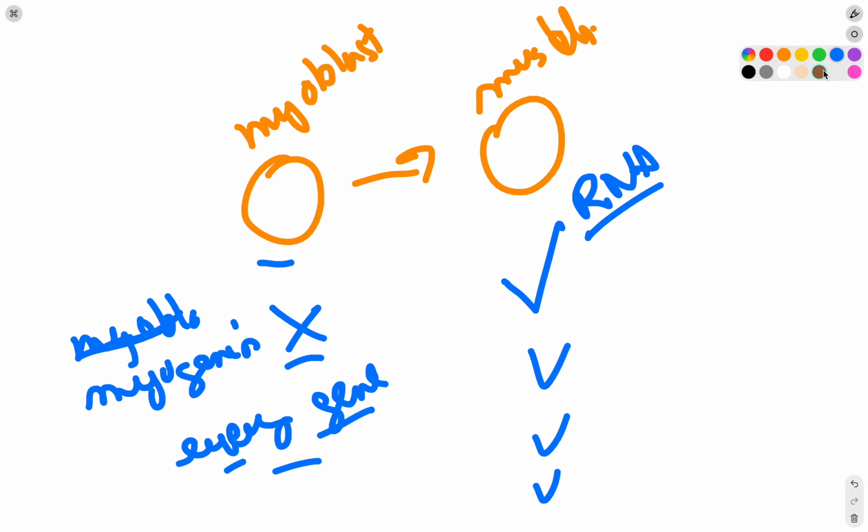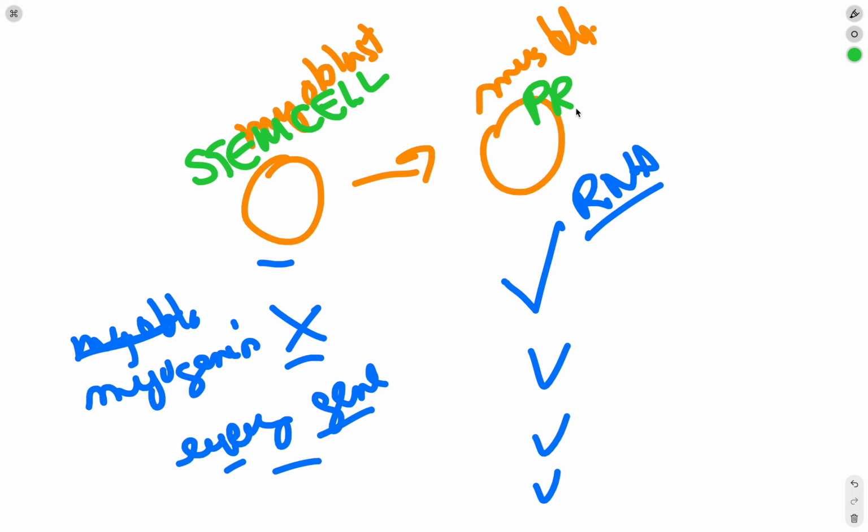So what Yamanaka realized is we could do this and analyze the RNAs, but instead of using a myoblast, we could use a stem cell and compare it to a precursor cell, right? So the stem cell divides and forms another stem cell and a precursor cell. And this precursor cell is not a stem cell.